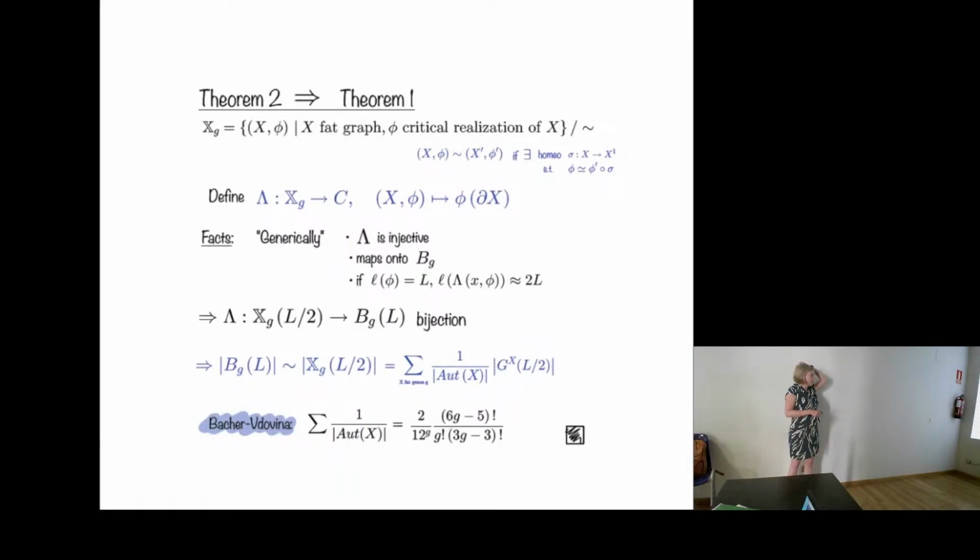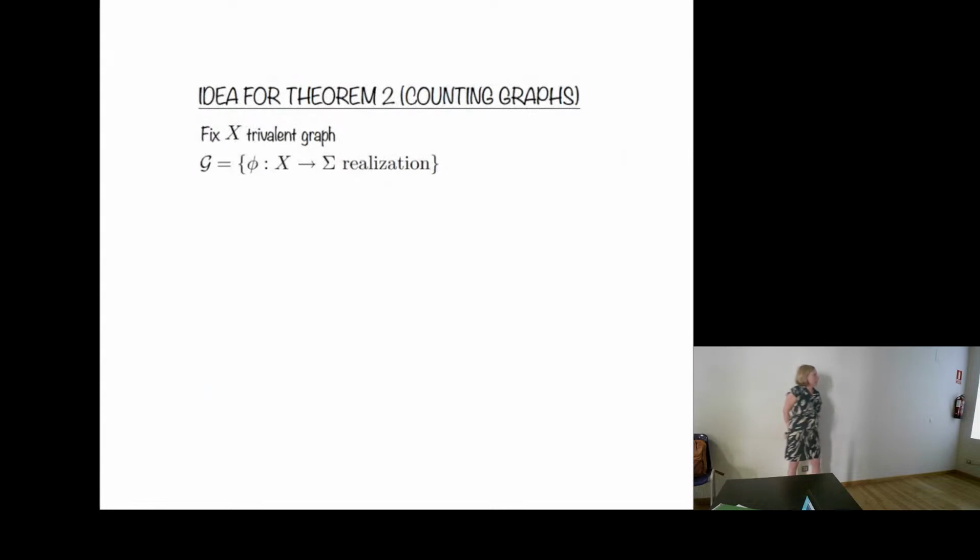Okay. So if we can count these critical realizations, then we can also count this thing that we wanted to count. So let me say a few words about how one can count graphs. Right? So we fixed a trivalent graph, and script G was just the set of all such realizations with a convex open topology.